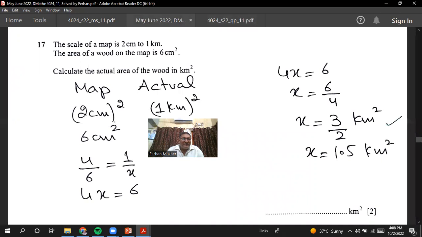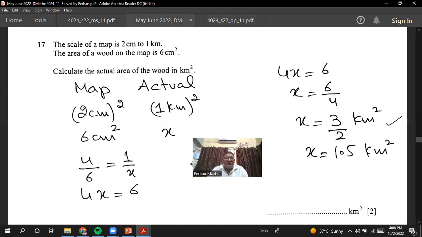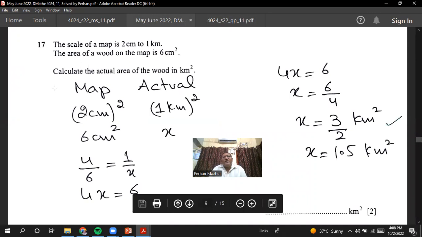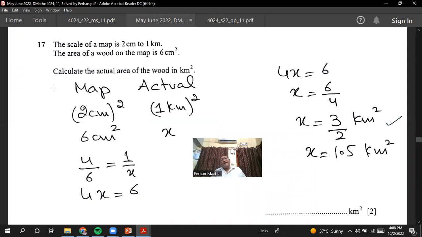Okay, very simple. Because this scale is for the length, but we are going to use it for the area, I will first of all take square on both the sides. So 2 centimeter whole square and 1 kilometer whole square. So on the map it will be 4 centimeters square, and this will be 1 kilometer square in actual.